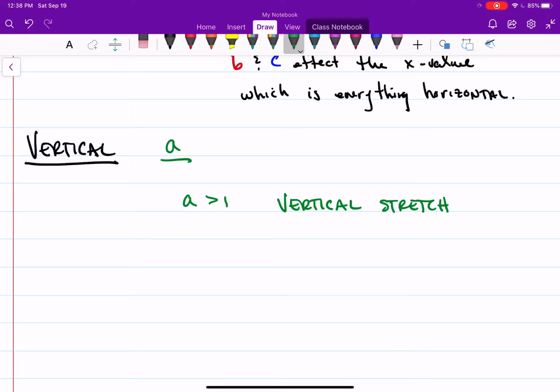However, if the a is between 0 and 1, meaning a fraction or a decimal that's less than 1 but greater than 0, that's going to be a vertical shrink.